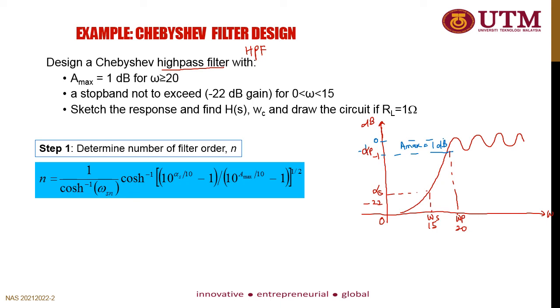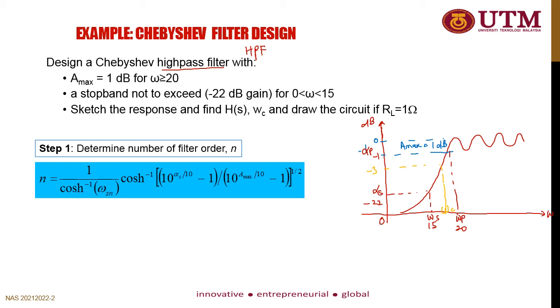And as usual you have your -3 dB representing the cutoff frequency. So this is the filter response of the high pass Chebyshev filter.